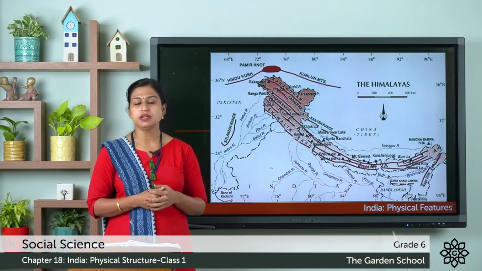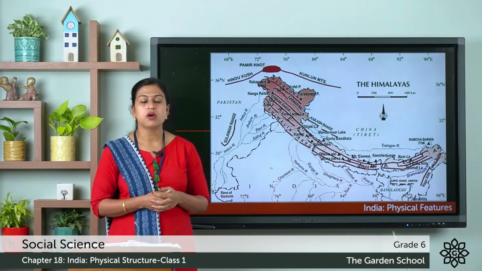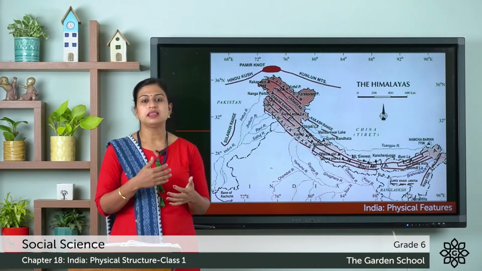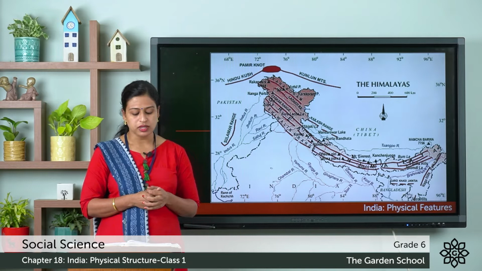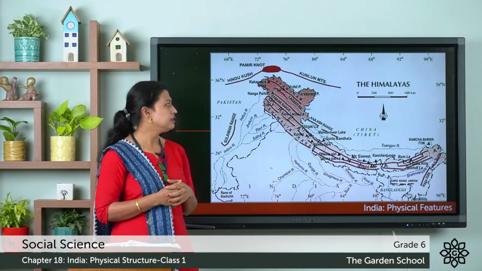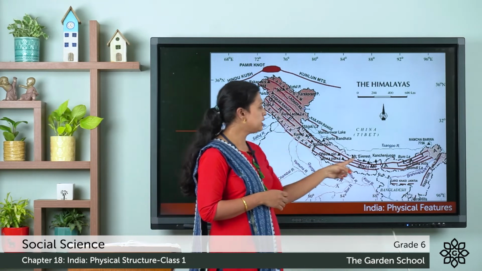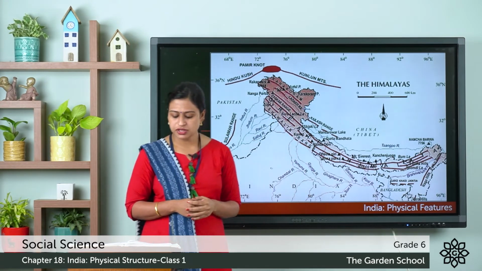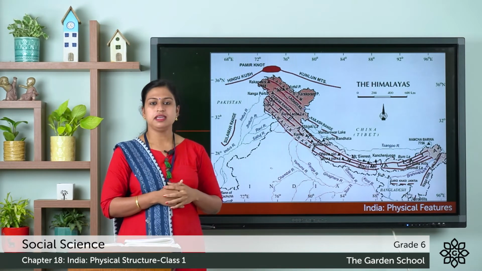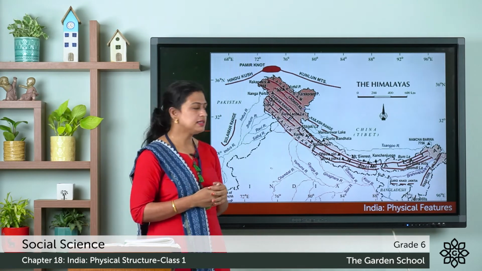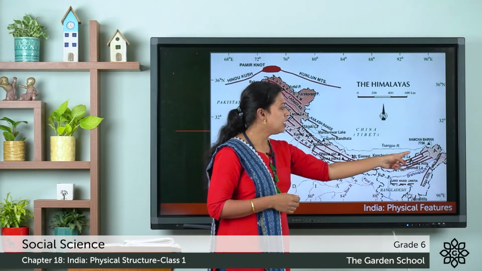They are also known as the young fold mountains because these were formed within the last 40 million years. In the map, you can see the Himalayas start from Kashmir in the north towards the east in Arunachal Pradesh. And at the eastern end, these Himalayas are known as Arunachal Mountains.